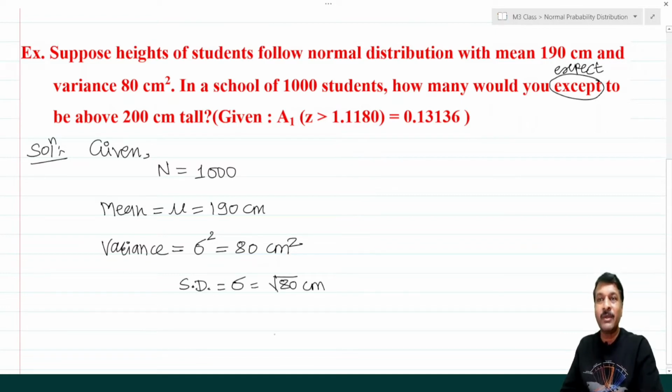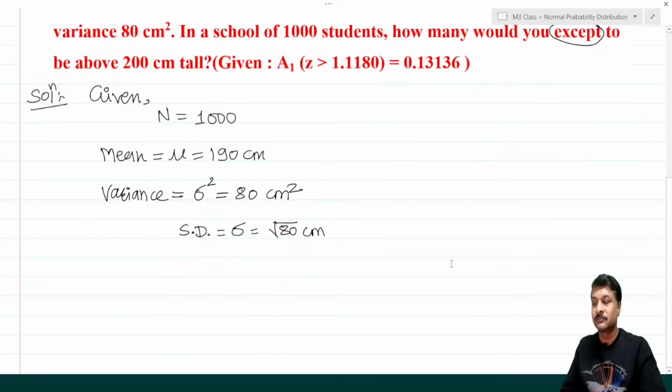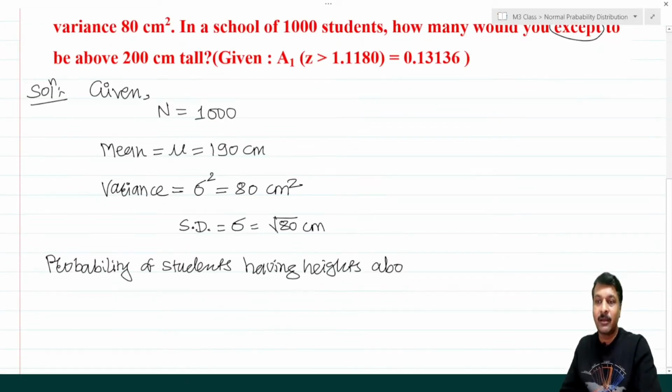So what we want to find, how many would you expect to be above 200 centimeter tall? So probability of student having heights above 200 centimeter. So therefore what we want here, x is greater than or equal to 200.